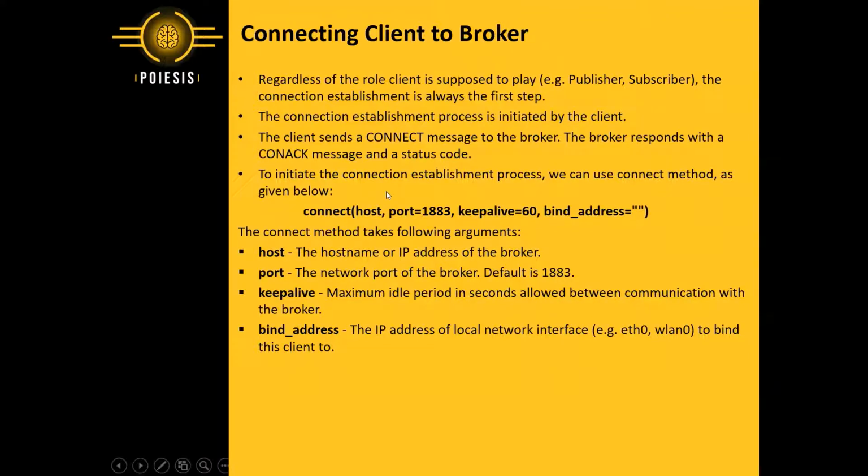To initiate the connection establishment process, we can use the connect method as given below. The connect method takes the following arguments: host, the host name or IP address of the broker; port, the network port of the broker, default is 1883; keep alive, the maximum idle period in seconds allowed between communication with the broker; bind address, the IP address of the local network interface, for example Ethernet 0 or wireless LAN 0, to bind this client to.